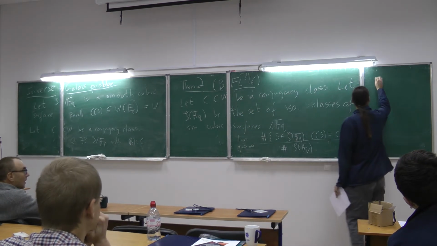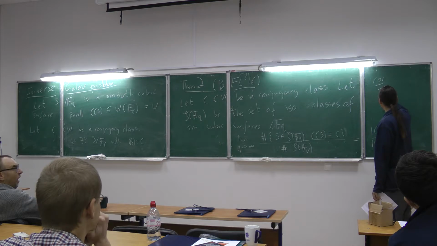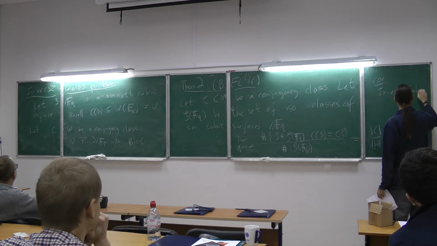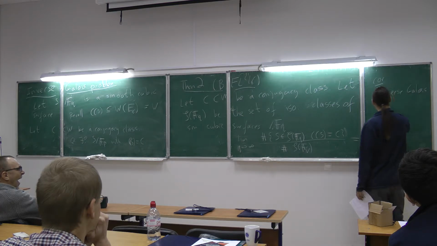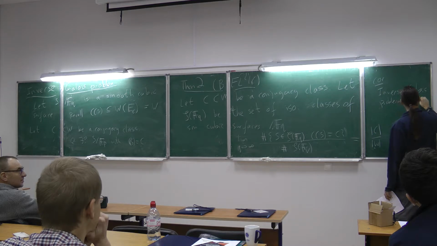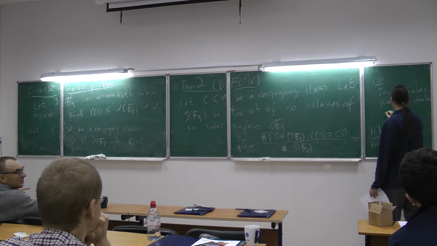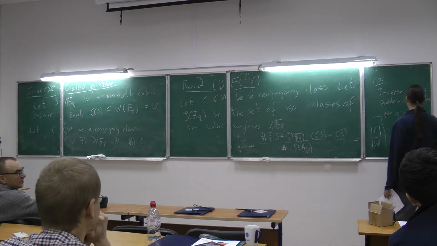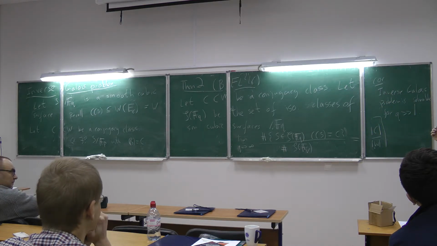So in particular, this shows the inverse Galois problem is solvable, providing that your prime power is sufficiently large.